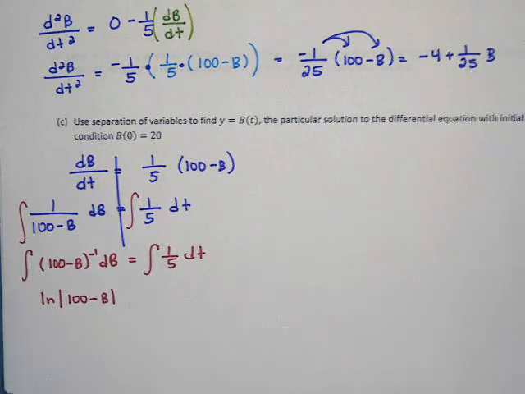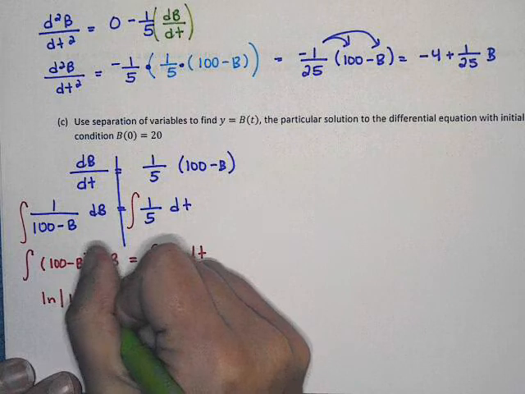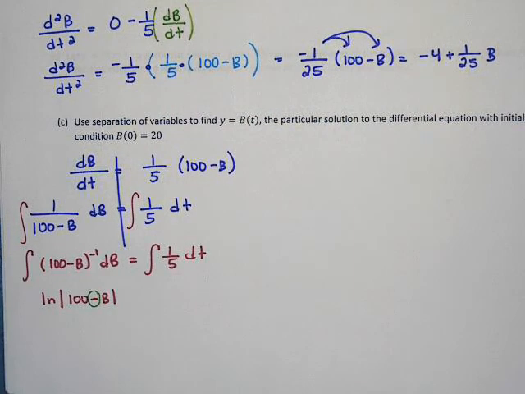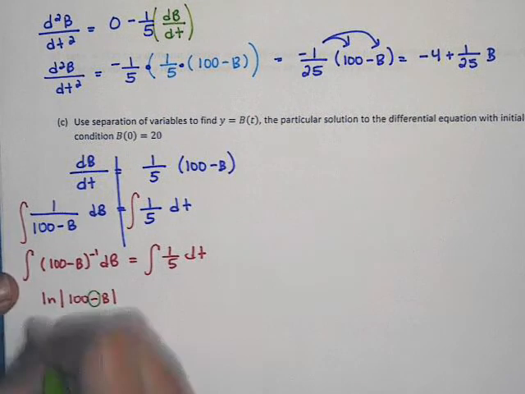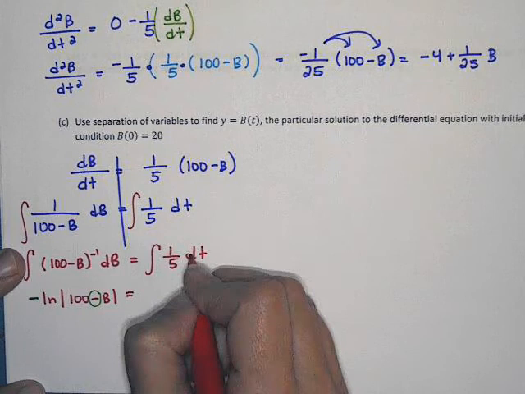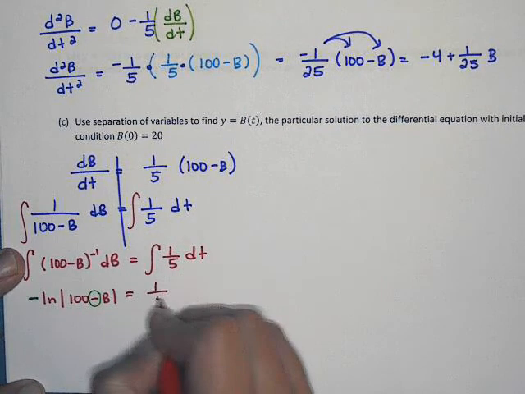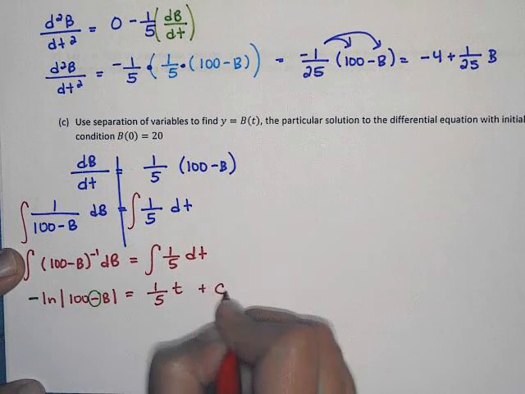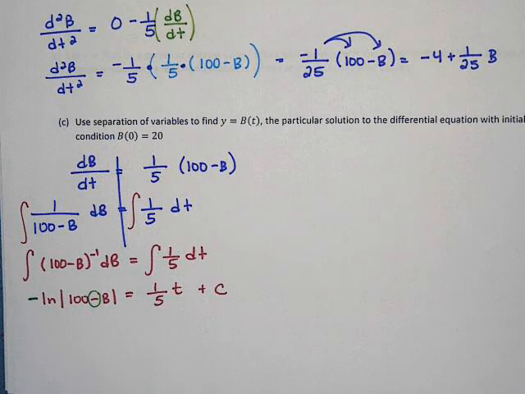However, I also noticed that there's a negative here by the b. So to undo multiplying by a negative, I need to divide by a negative. I'm basically undoing chain rule by doing that. Now the antiderivative of 1/5 would be 1/5 t plus c, because remember our variable is a t now, not an x.